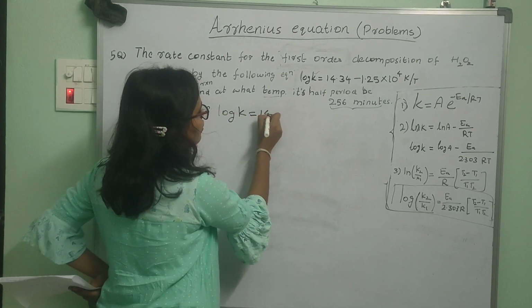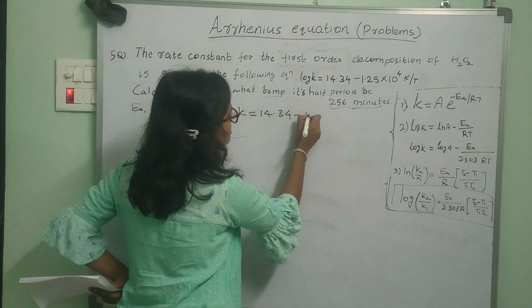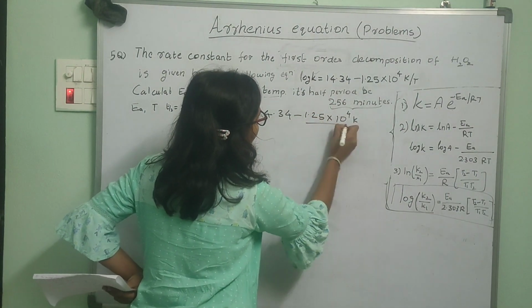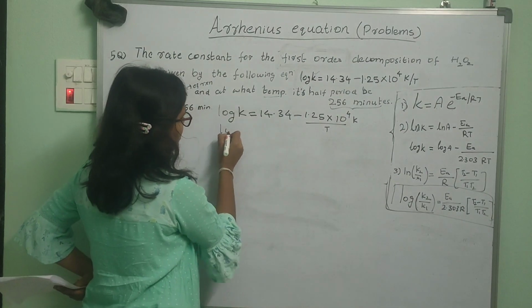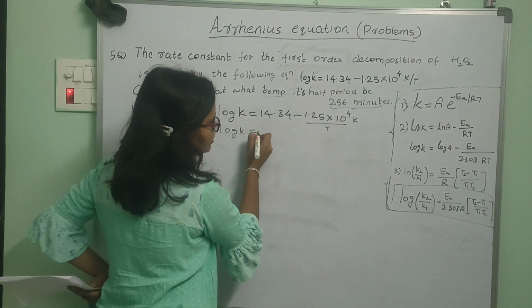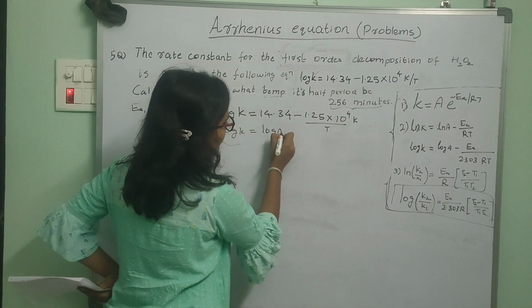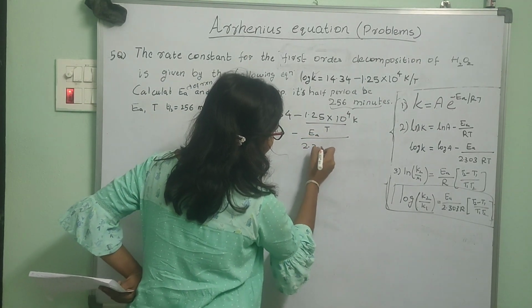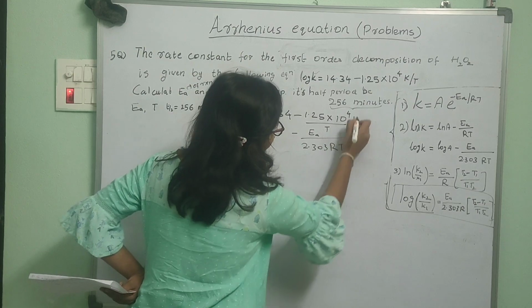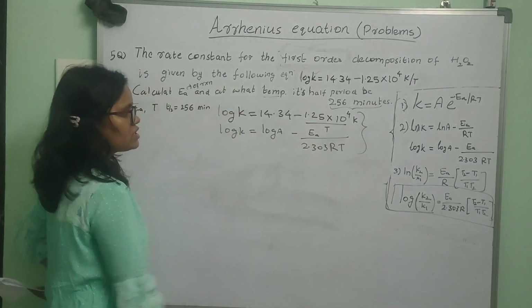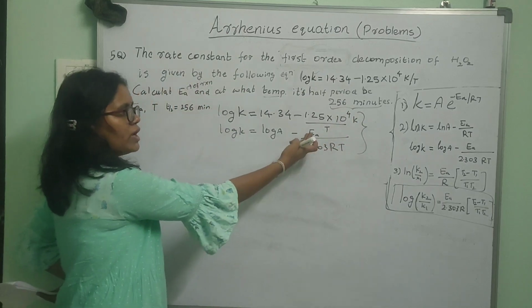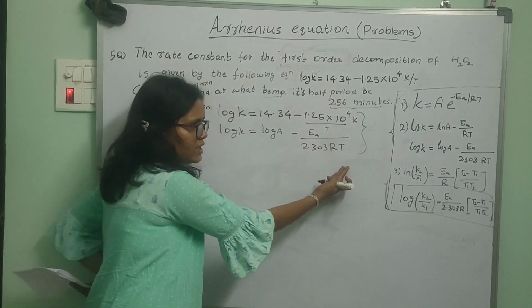Log K is equal to 14.34 minus 1.25 into 10 power 4 K by T. Log K is equal to log A minus EA by 2.303 RT. So from these two equations, we see that 1.25 into 10 power 4 is equal to EA by 2.303 RT, right?